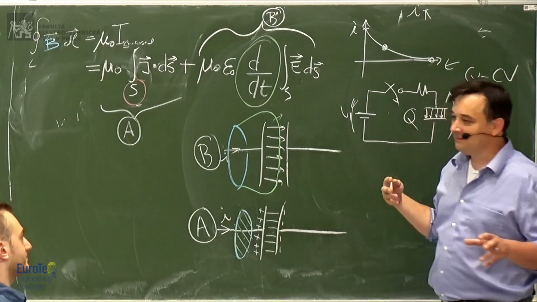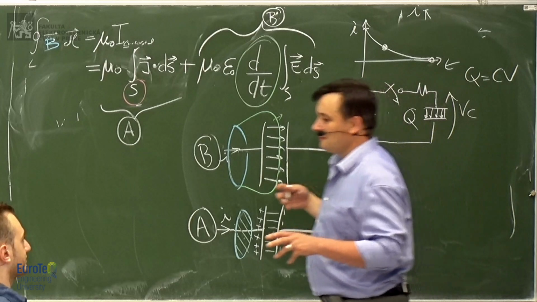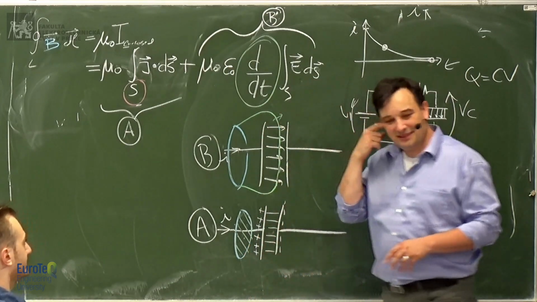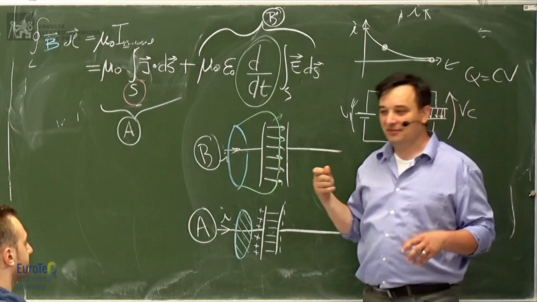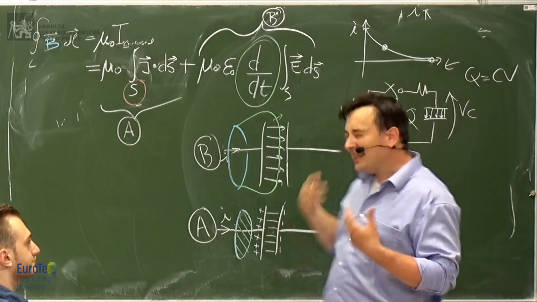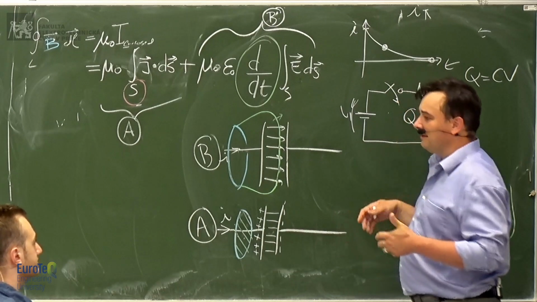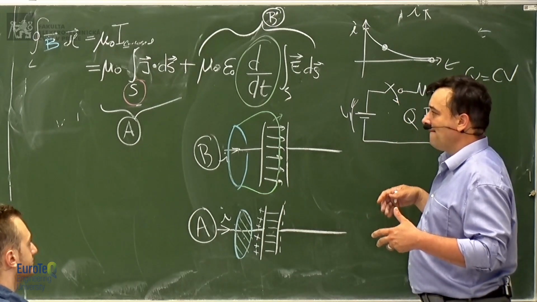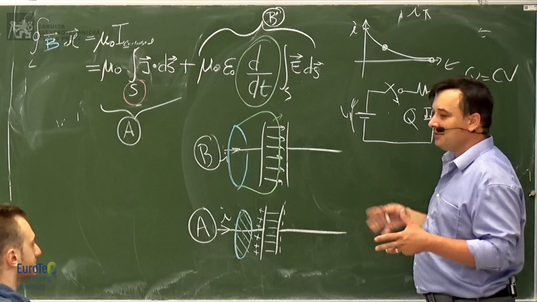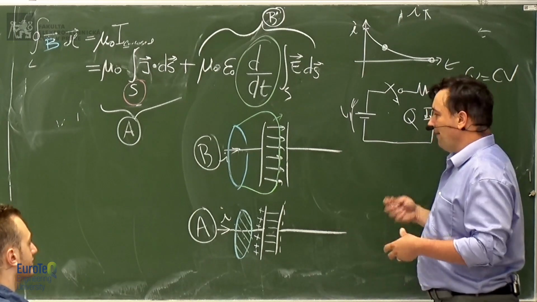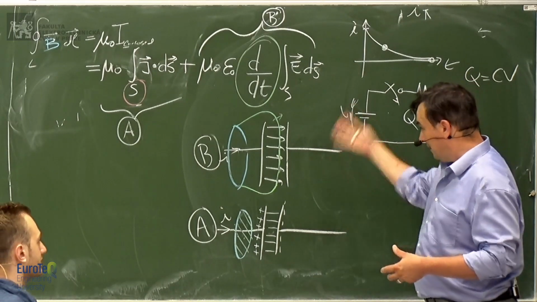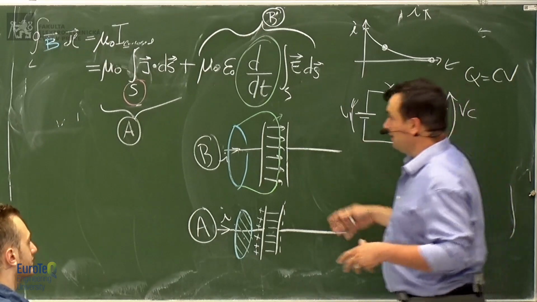Let's give it another name if this is confusing you. Because saying displacement current makes you think that there's something moving, some object which is displaced. As a matter of fact, there's no object which moves.